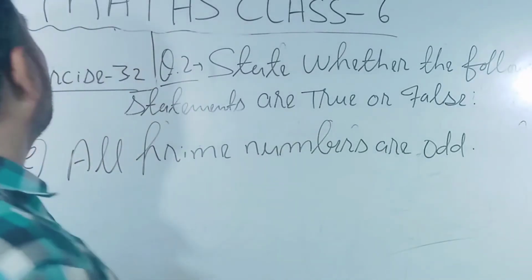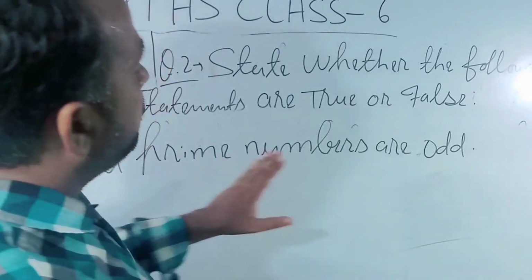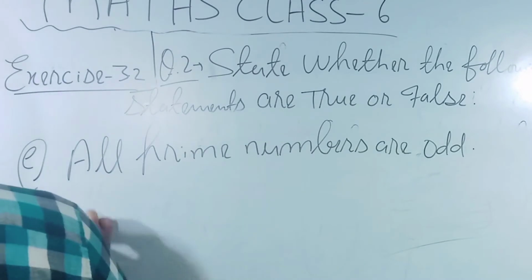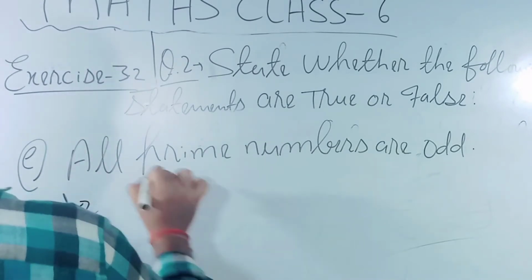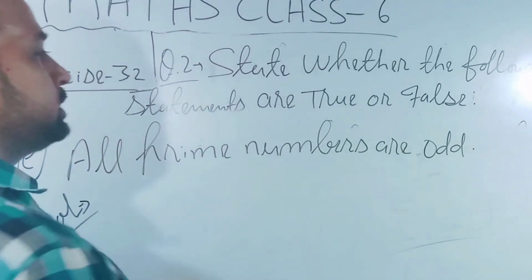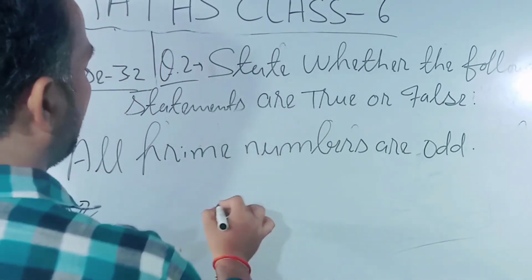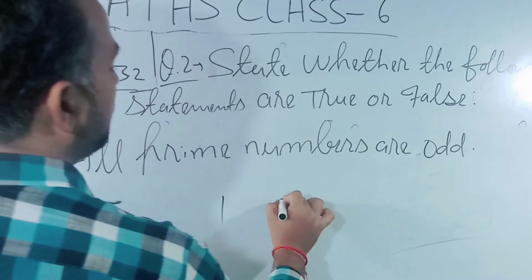Now part E of question number 2: all prime numbers are odd. Let's see. Prime numbers are numbers that have only two factors, 1 and the number itself.